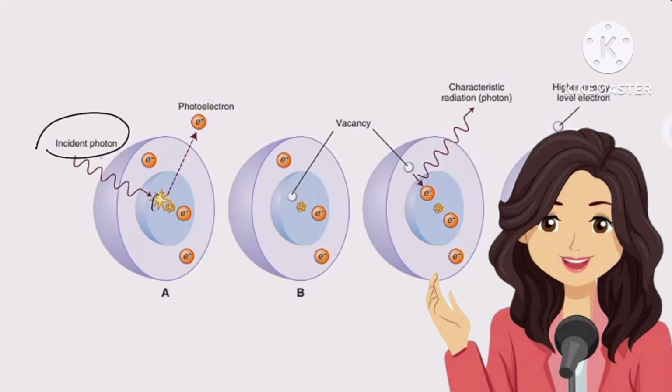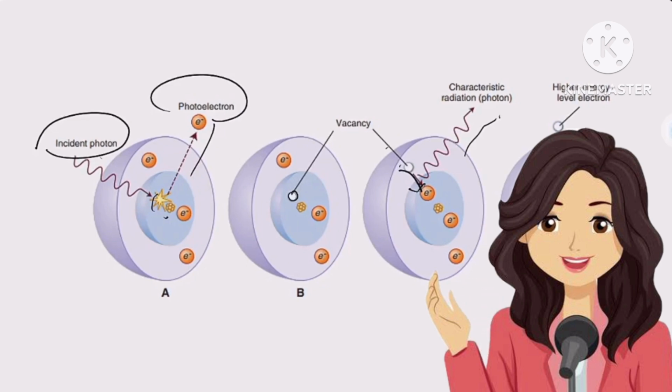This electron comes out as a photoelectron. A vacancy is created. The vacancy is filled up by an outer orbital electron, giving us characteristic radiation. Then a higher energy level electron fills up this vacancy, and this process continues.